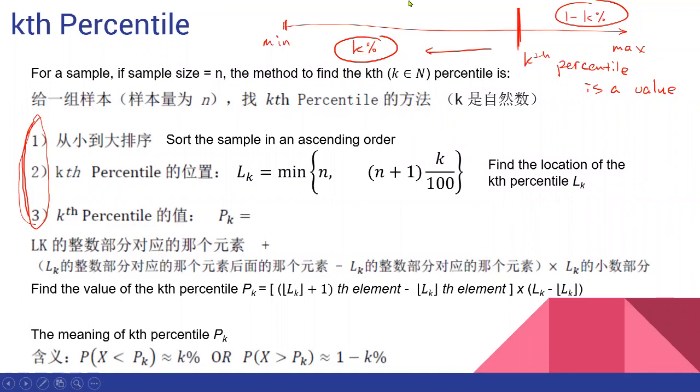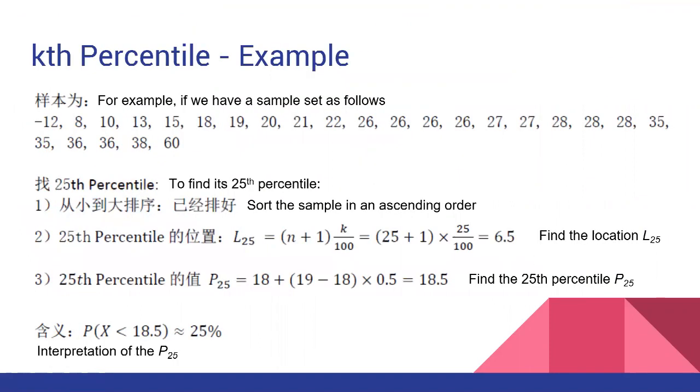Let's see an example of how we can get the kth percentile. For example, we have a sample set as follows: minus 12, 8, 10, 13, 15, 18, and so on, and we want to find the 25th percentile.